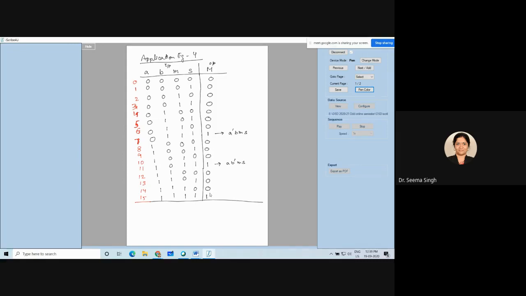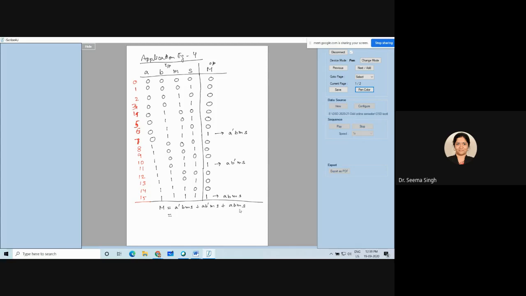A, B, M, S. So your unoptimized answer is A bar, B, M, S plus A, B bar, M, S plus A, B, M, S. Majority of you have given me this answer, but now Ananya has made the K-map, so she got the optimized answer. Even without making a K-map, you can see that BMS is common between A bar BMS and ABMS.